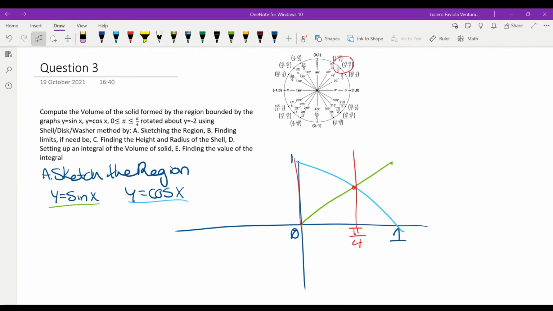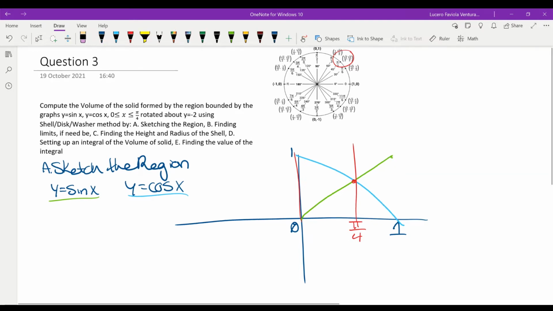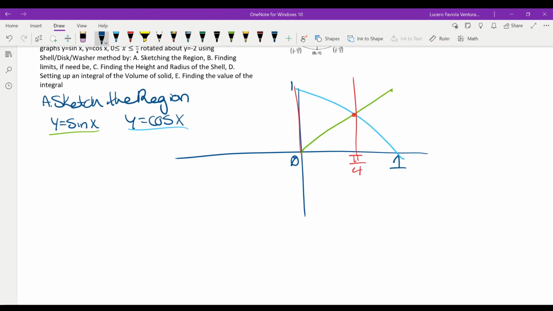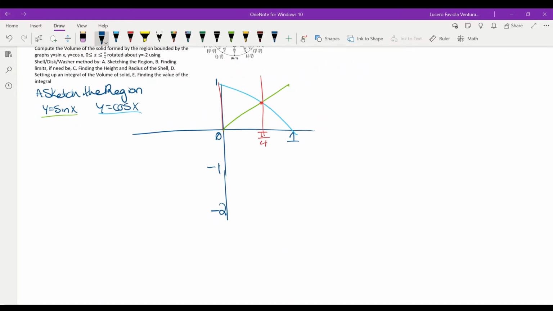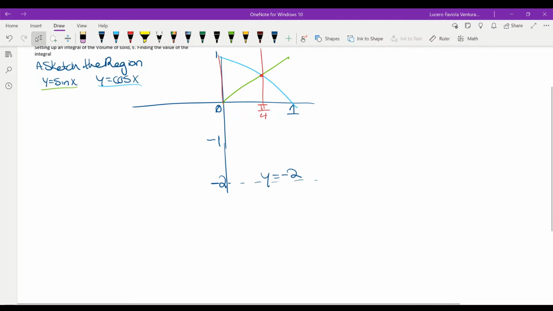Rotated about y equals -2. Then I'm going to expand our graph. Y equals -2. And expand it some more so I can include the inverted version of our sine and cosine graphs.